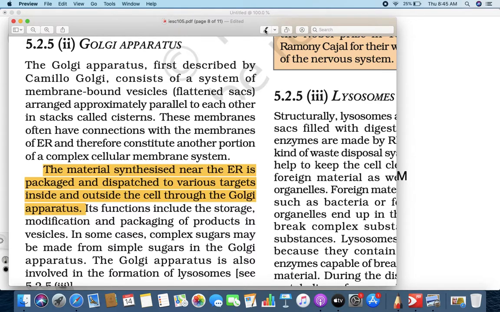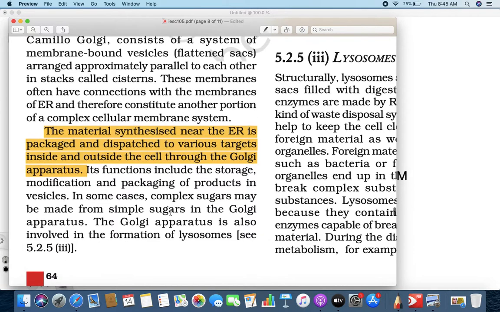It packs and dispatches to various targets inside and outside of the cell, right? In some cases, complex sugars are made from a single sugar in the Golgi apparatus. So they prepare complex sugar from simple sugar.